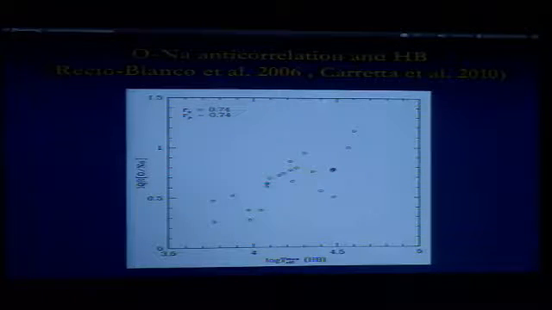Another characteristic of this sodium-oxygen anticorrelation is that it is strictly correlated to the maximum temperature that you can get on the horizontal branch. This is the hottest star that you have on the horizontal branch.